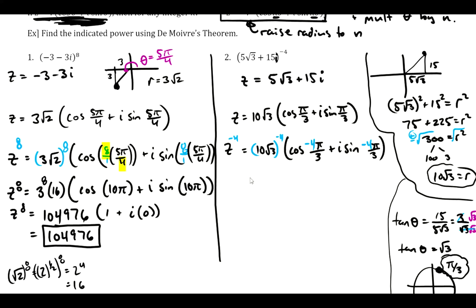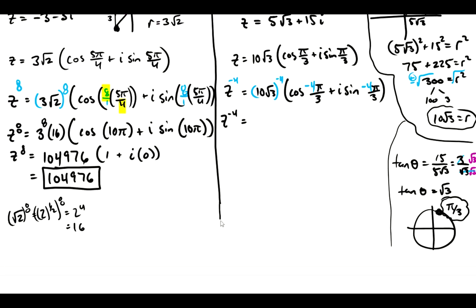And then just like the last problem, for z to the -4 we would want to do the simplifying. Remember, the negative power would just flip that, 10 over radical 3. I'm going to do my scratch work again, way down here. 10 to the 4th would be 10,000.